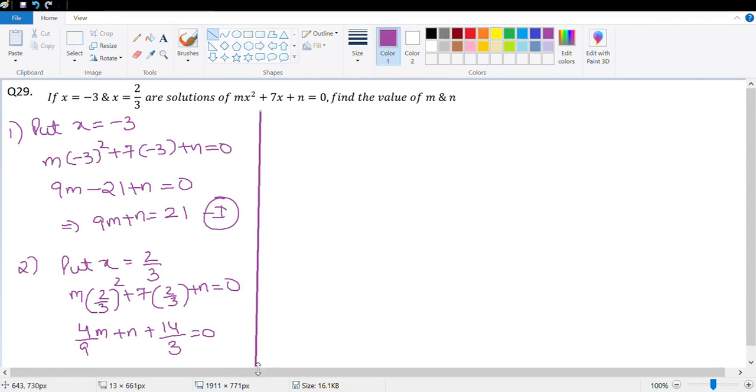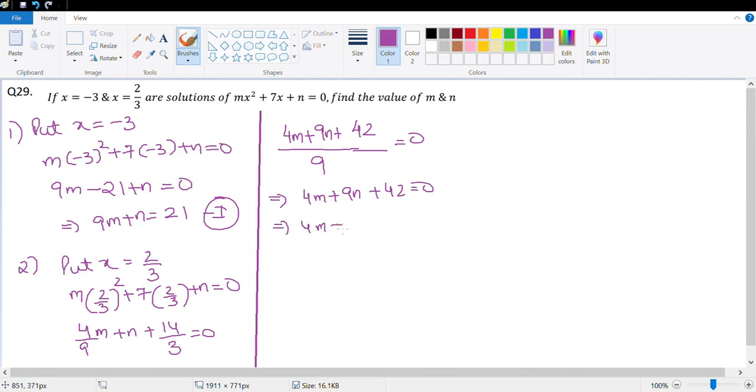The LCM of 9 and 3, that's 9. So this is 4M plus 9N plus that 3 multiplied with 3, which means 14 multiplied with 3. So that's 42 is equal to 0. Cross multiplying, we get 4M plus 9N plus 42 is equal to 0, which means 4M plus 9N is equal to negative 42. That's our equation number 2.